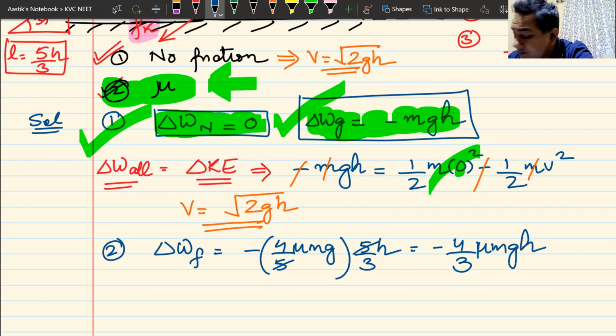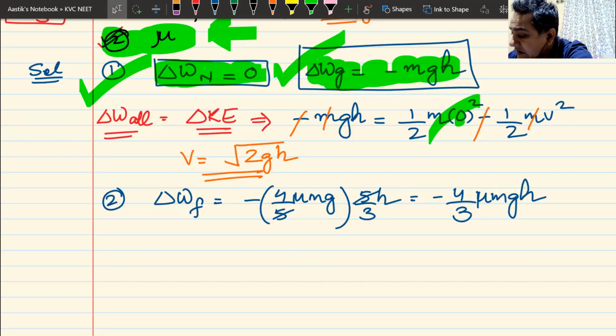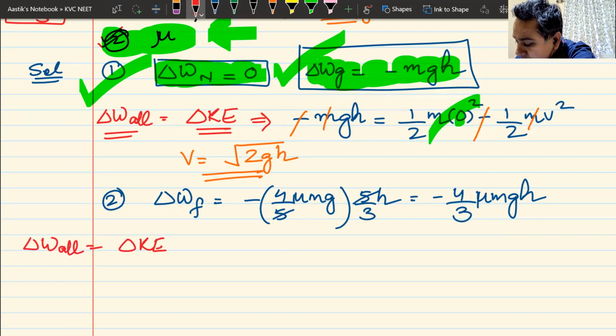Now I can move on and write the final steps. The final step would be to write the work energy theorem in this case. Work done by all forces is equal to delta KE. Here the forces are, number 1, normal reaction, let us forget.